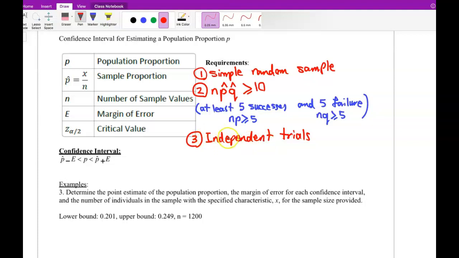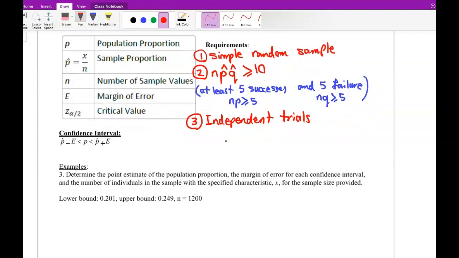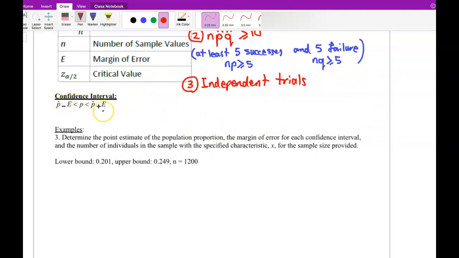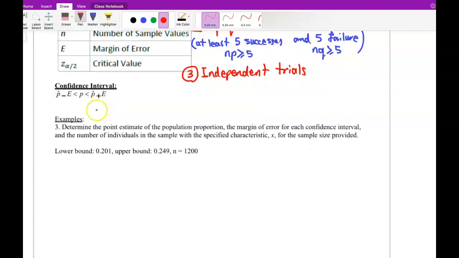So for binomial, again, we should have independent trials. Okay, now here is confidence interval. P, or population proportion, is between sample proportion minus this error, and on this side we have plus. So on left side is minus, and on right side is plus.